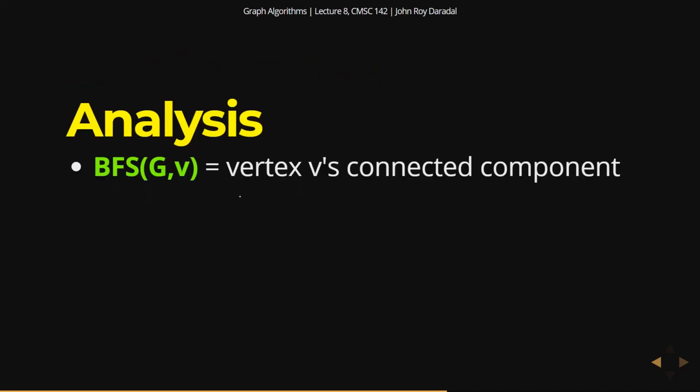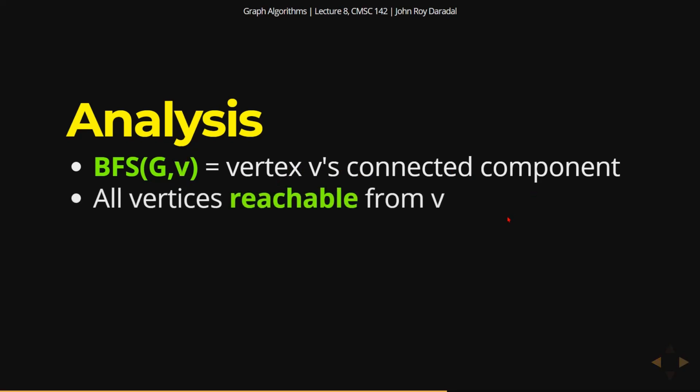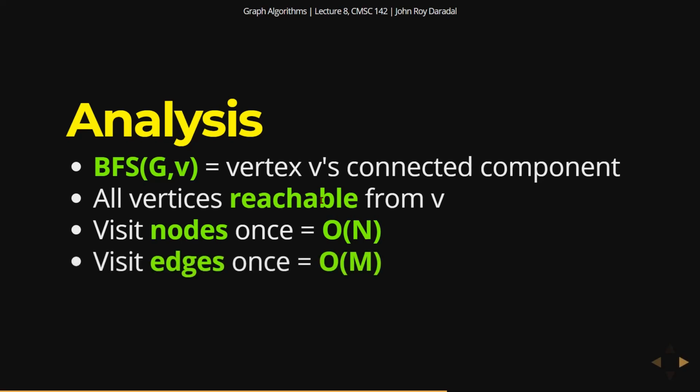Okay, so for the analysis, running BFS on the graph starting at V will uncover vertex V's connected component. All vertices that are reachable from V would be part of the connected component. And so in this algorithm, we will visit the nodes once, and we will also visit the edges once.